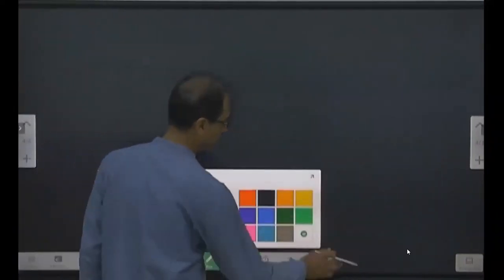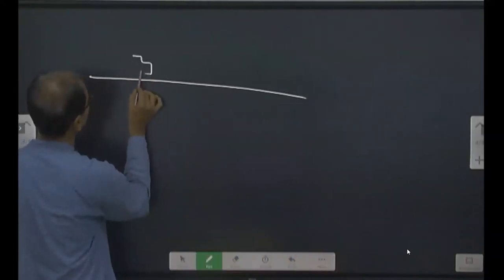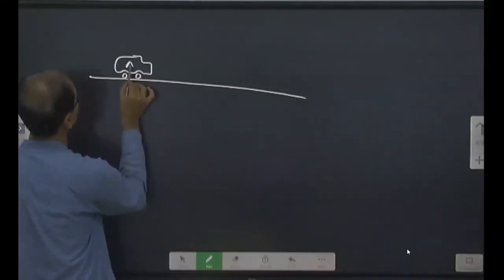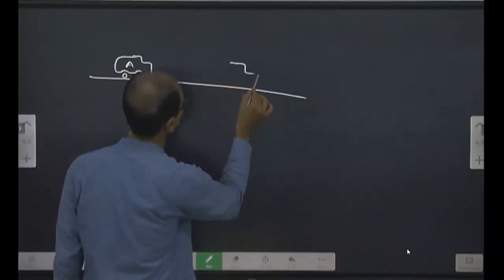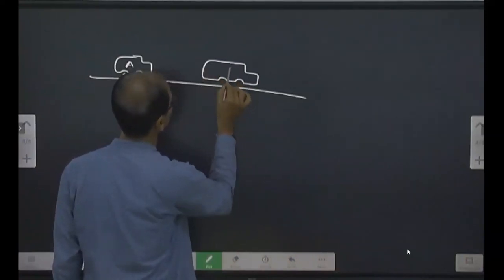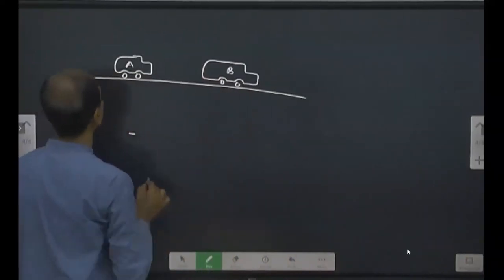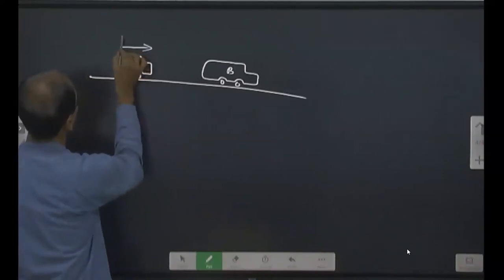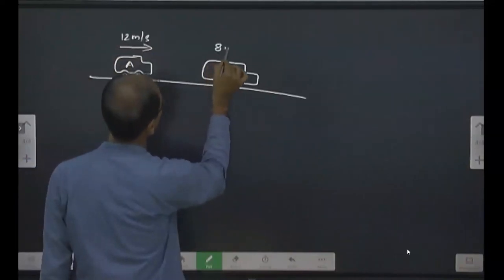The first question is: there is a car A. This is your car A. And here is car B. Car A is moving with, let's say, 12 meters per second. And this is moving with 8 meters per second.